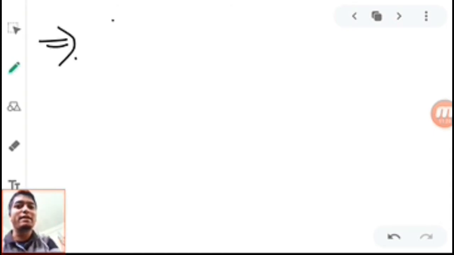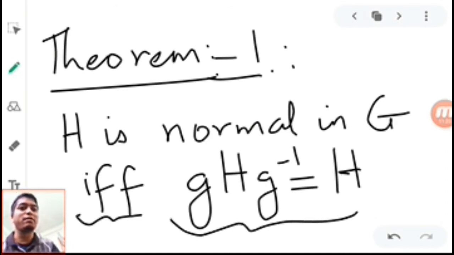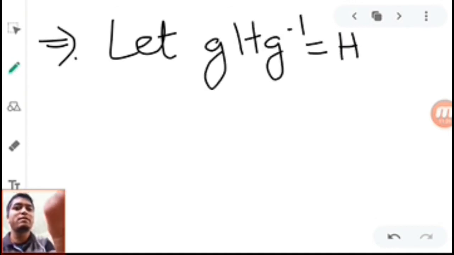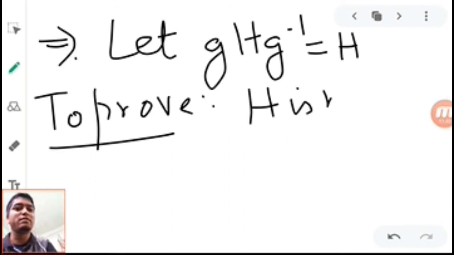The direct way is we have to assume that g H g inverse equals H. We assume this. What do we have to prove? We have to prove that H is normal.